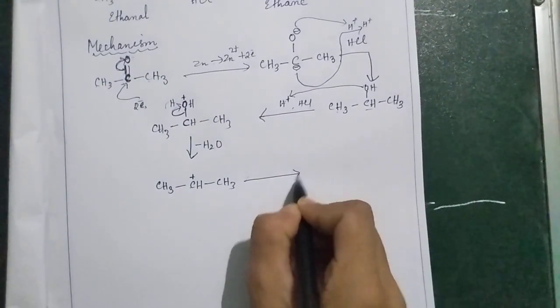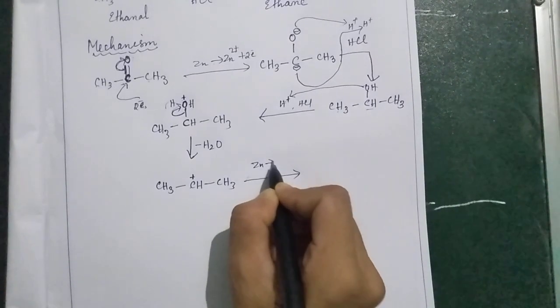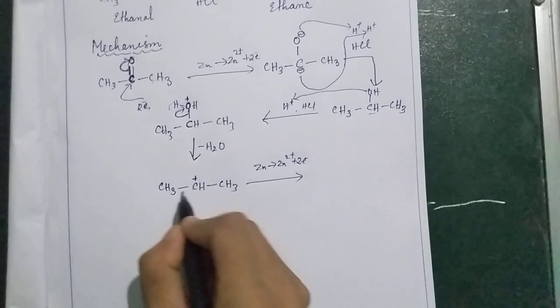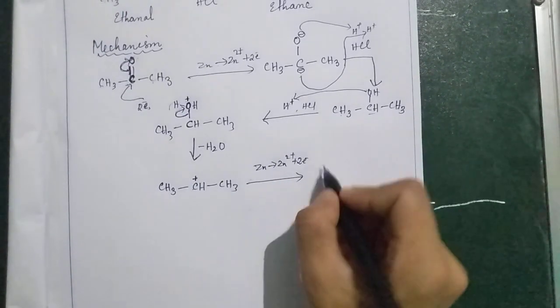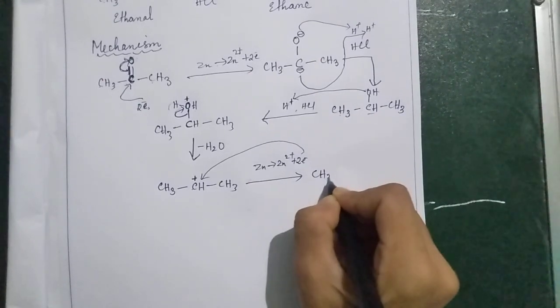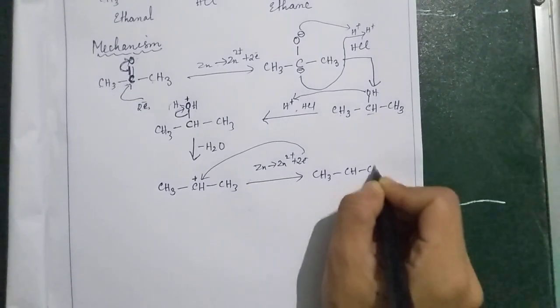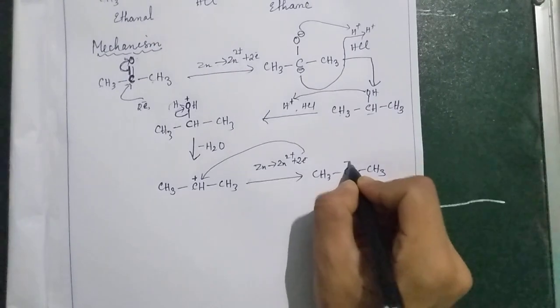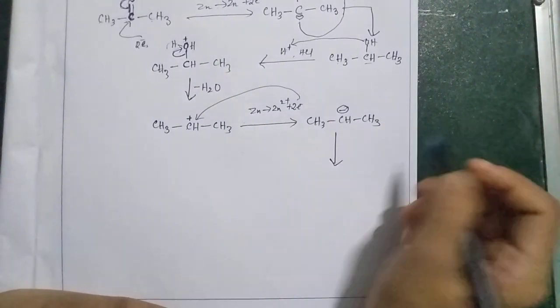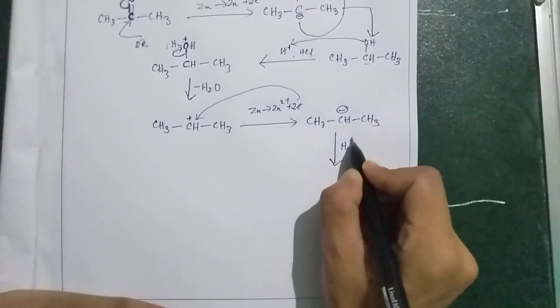Now once again zinc will release 2 electrons, and these 2 electrons will be provided here, so these 2 electrons will attack here, and now CH3, CH, CH3. Now there will be a negative sign here. Again, from the solution there will be H plus.